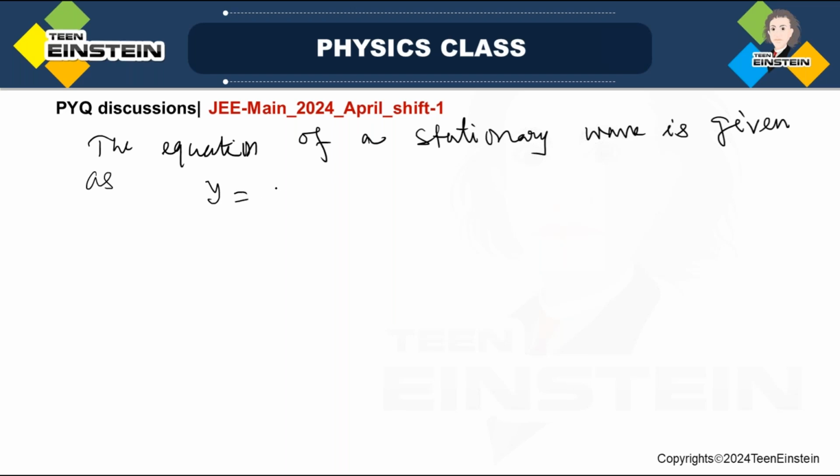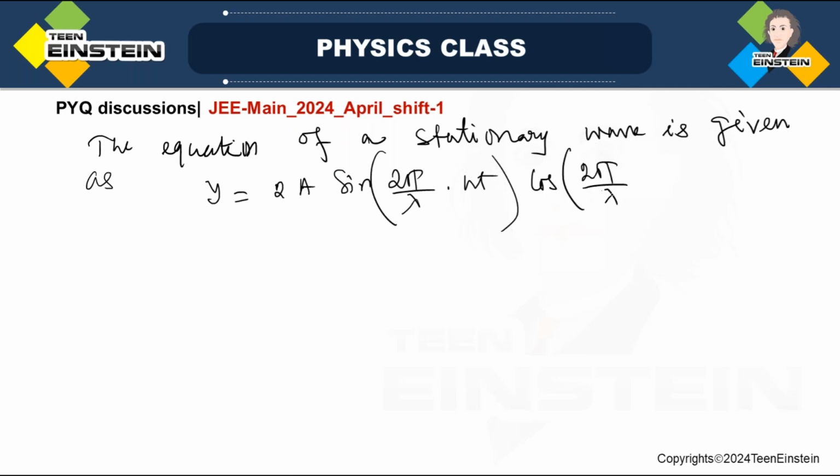y is equal to 2a sine(2 pi by lambda into nt) cos(2 pi by lambda into x).